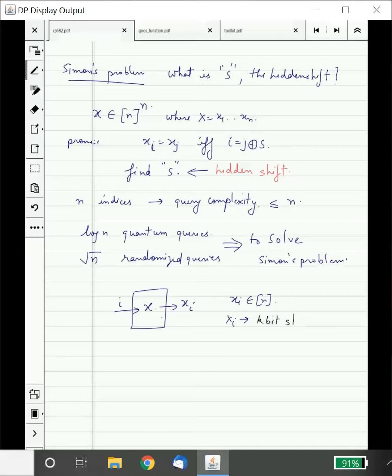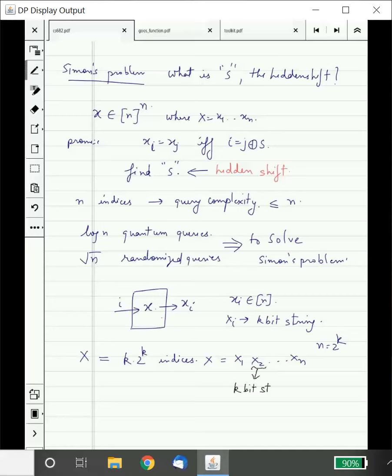Now you might ask that our query oracle is not Boolean. Probably that's the reason why you are getting that separation. It actually doesn't matter. You can think of your input x as having k times 2^k indices. The reason being, I had 2^k choices, n was equal to 2^k. Each x_i can be thought of as a k-bit string.